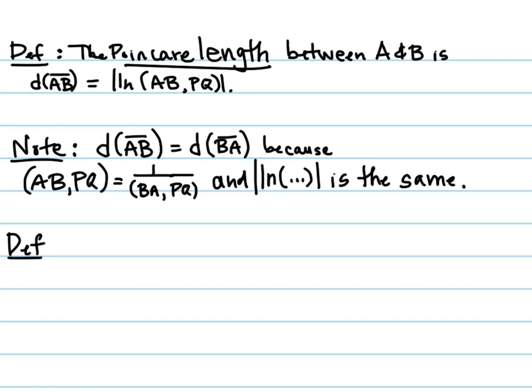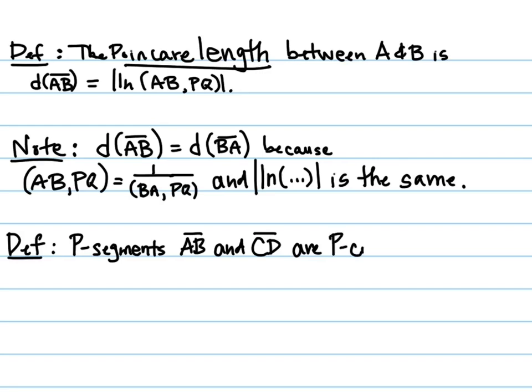So by definition, P segments, Poincaré segments, these arcs that we've been working with, AB and CD are P-congruent if the distances we've defined are equal.